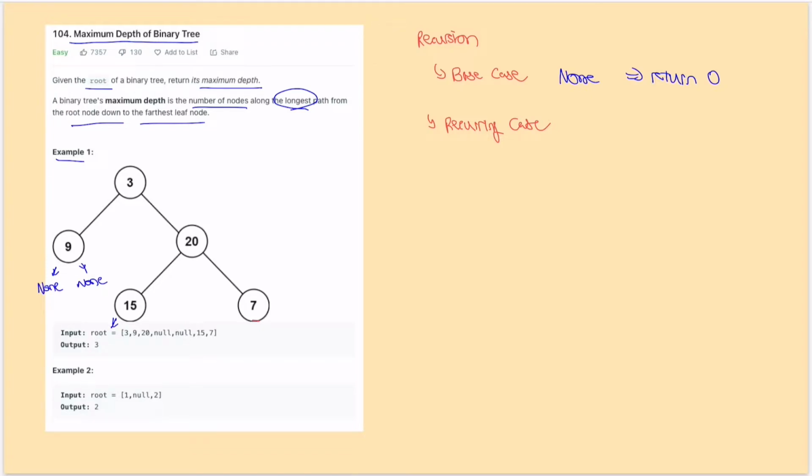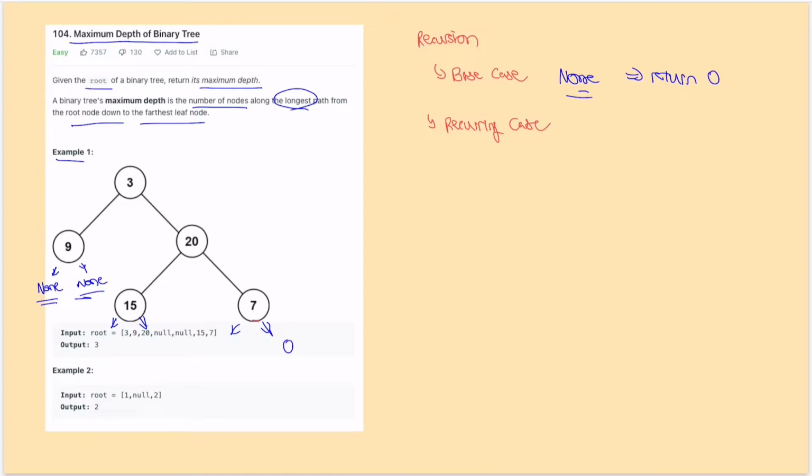Same for the 15 and the 7. In a sense, these leaf nodes are not our base cases, but once we hit the leaf nodes, we can be sure that our next step will be a base case, since we'll meet the None right there, so I'll return 0. So at this juncture, we'll be returning 0.